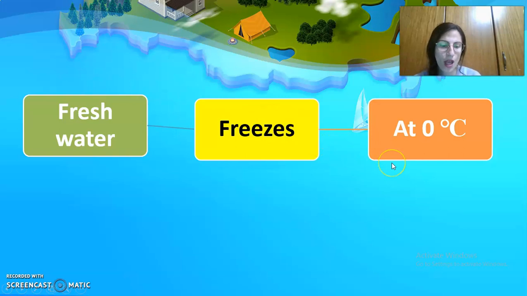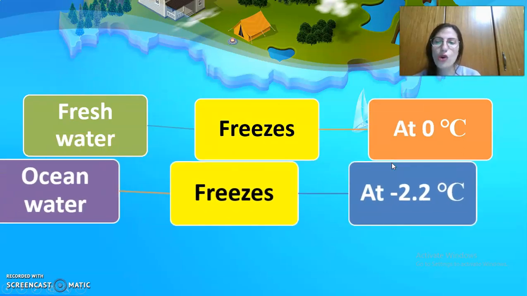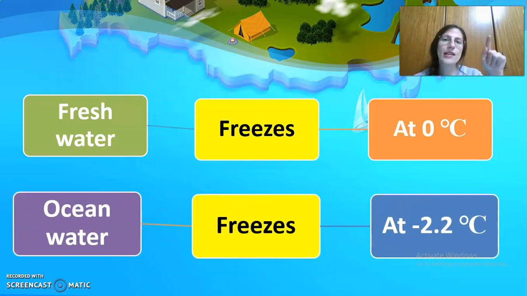Clear? What about ocean water? Ocean water freezes at minus 2.2 degrees Celsius. So each time, every time I ask, at what temperature does the fresh water freeze? Fresh water freezes at 0 degrees Celsius.